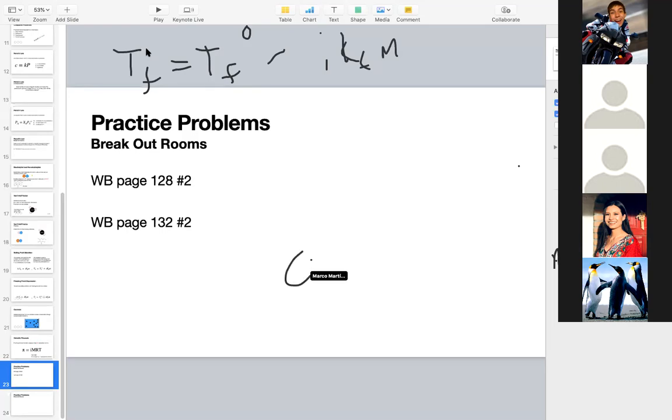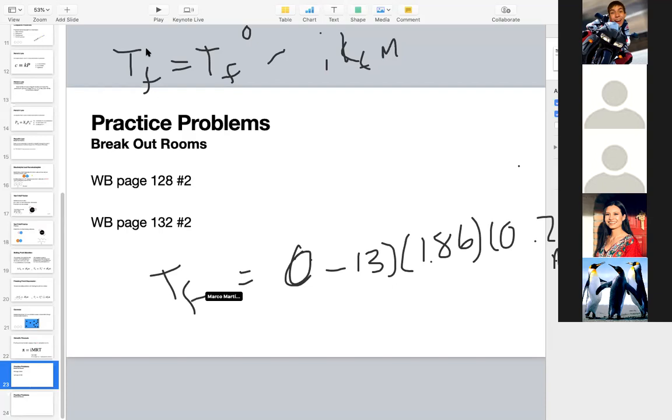I got minus 1.12. Minus 1.12. That sounds about right. And then 3, KF is 1.86, and then 0.2 equals TF. And in this case, TF would be minus, you said what? Negative 1.12? Yes, sir. Alrighty. And it would be in degrees Celsius.